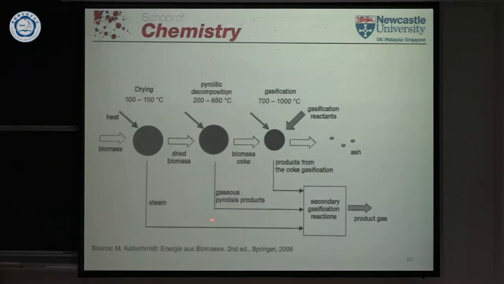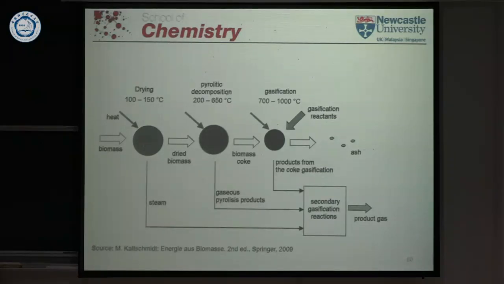Each process here produces some gaseous stream. Here you have some steam, here you have some gaseous pyrolysis product, and here is the product from the coke gasification. And these are then secondary gasification reactions, which give the product gas. The product gas is a mixture of all kinds of different gases, which need to be further processed. But these are the initial steps of working on biomass.